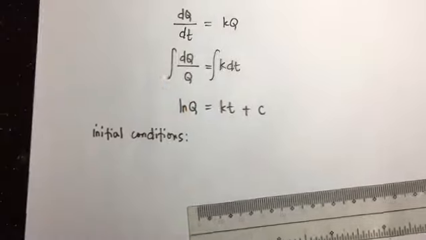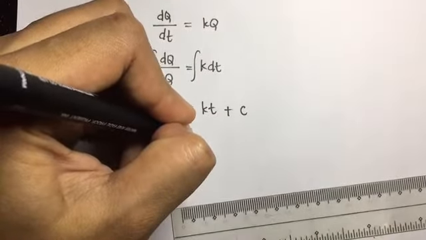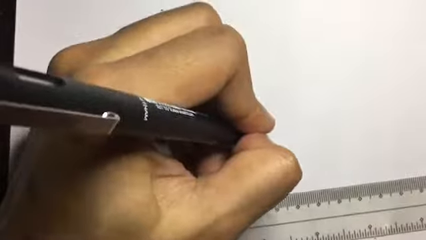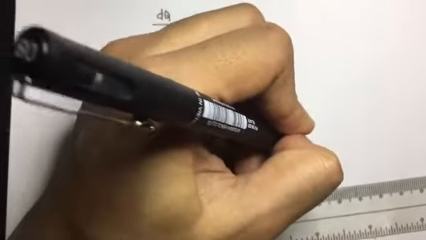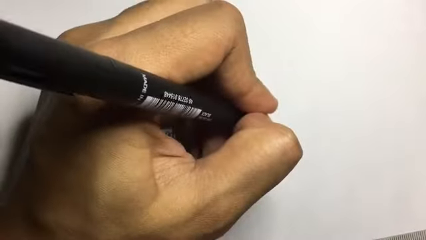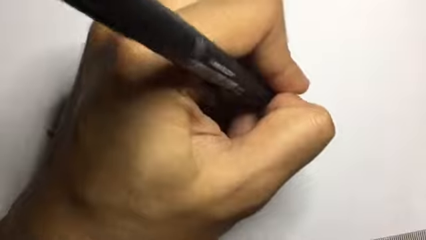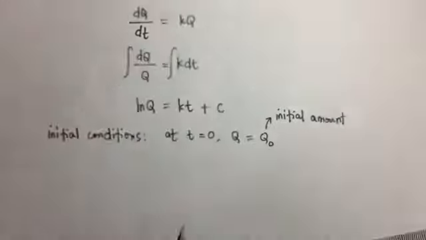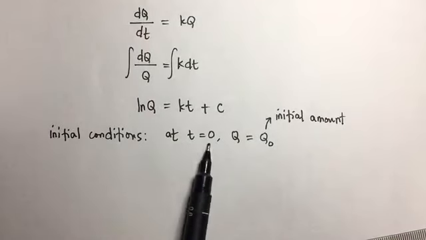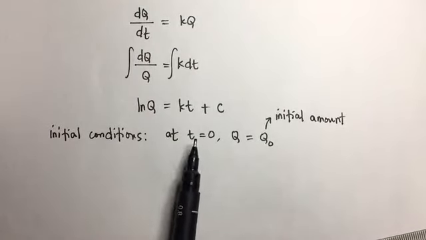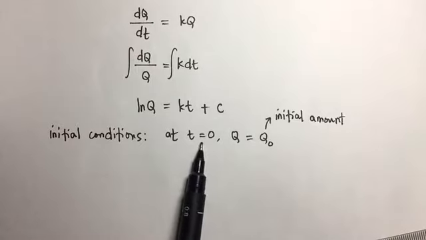So that at time t equal to 0, the amount present is equal to the initial amount, or Q sub o. So this is the initial amount at time t equal to 0, that is, at the start.